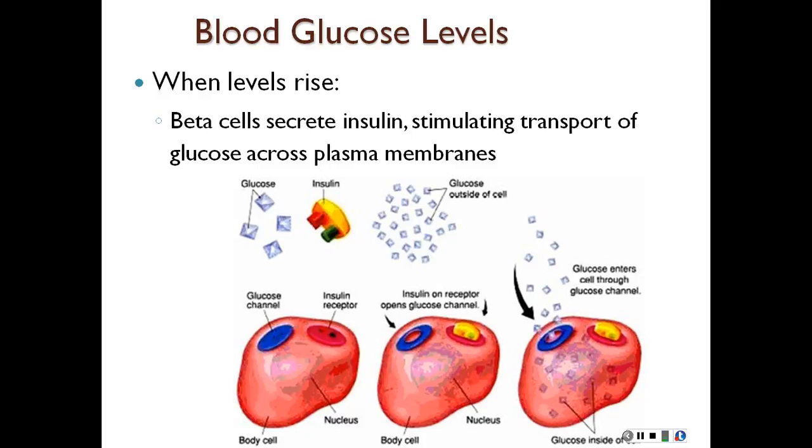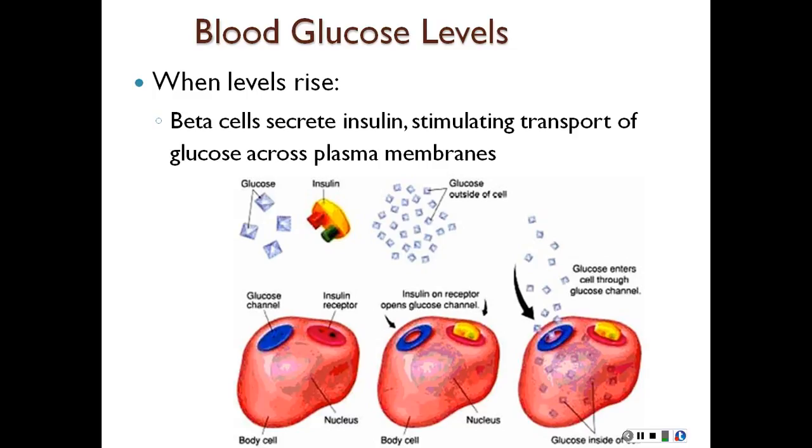Insulin binds to receptors on the body cells, and once it binds, a glucose channel opens. Here the cell can't allow glucose to come in because the glucose channel is closed. So insulin binds to the receptor, and that opens the glucose channel, and glucose comes into the cell.